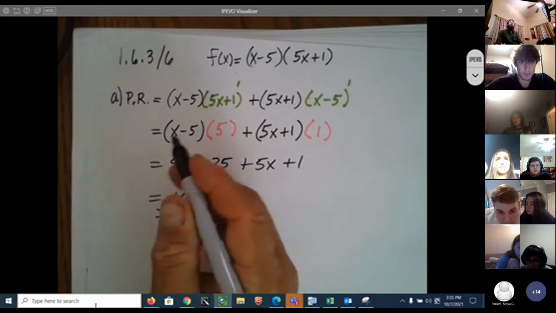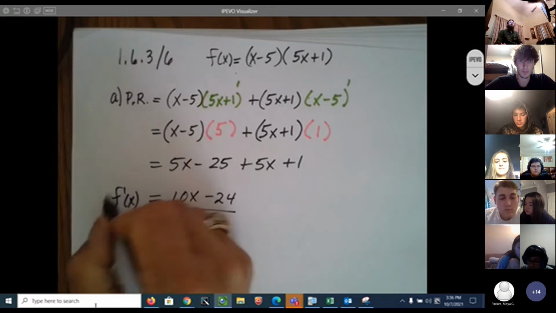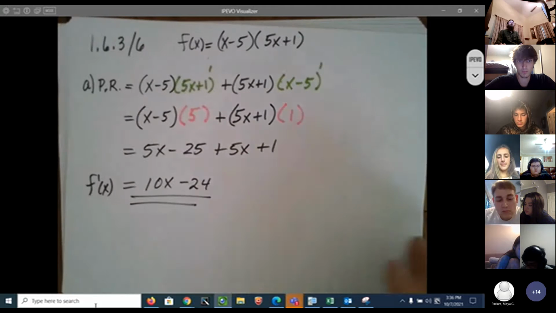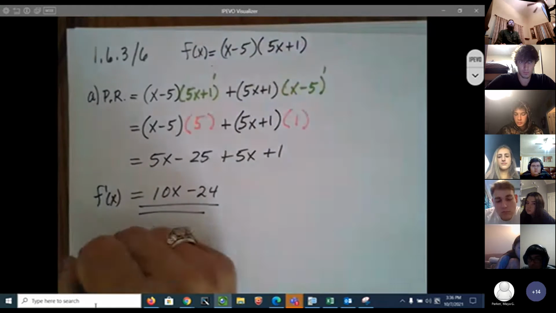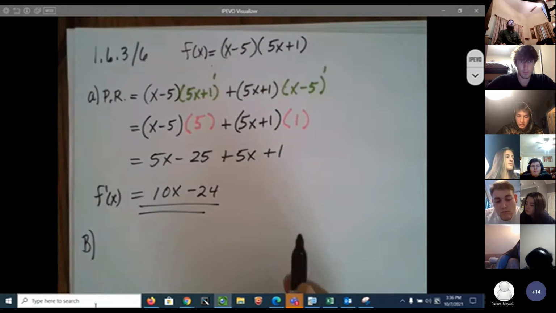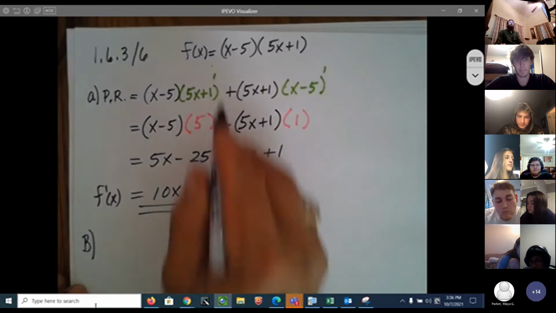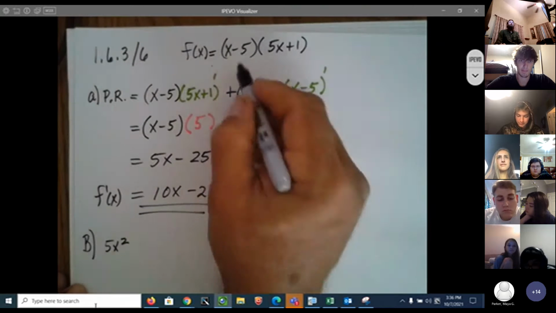And that is using the product rule, f prime of x. Now I'm not going to check it because I'm going to see what I get when I do B, and that is doing the FOIL method first. So that's going to be x times 5x is 5x squared.